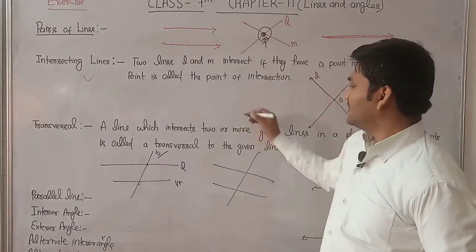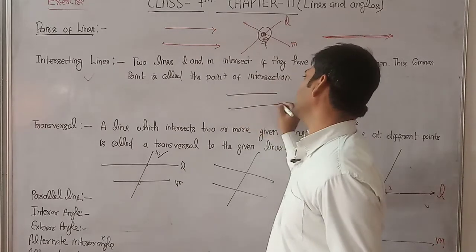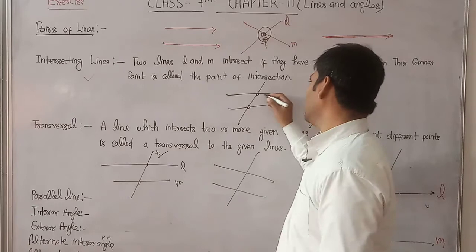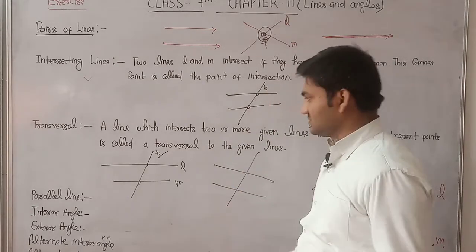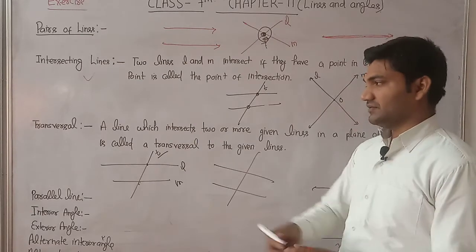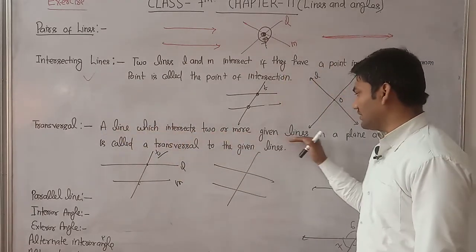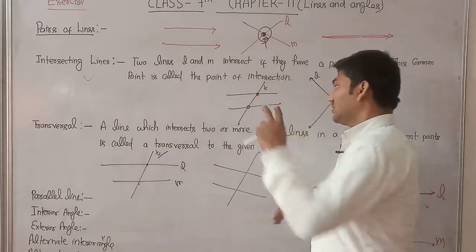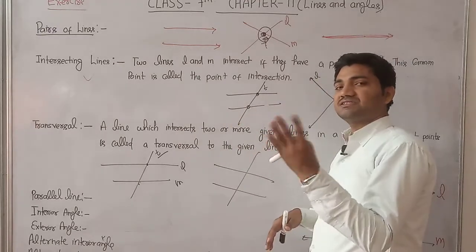The given lines need not be parallel; they can be any lines. The point where the lines intersect is the intersection point, and line T is called the transversal. Definition of a transversal: a line which intersects two or more given lines. Two is not a condition; it can be two or more lines, three lines, four lines, five lines.